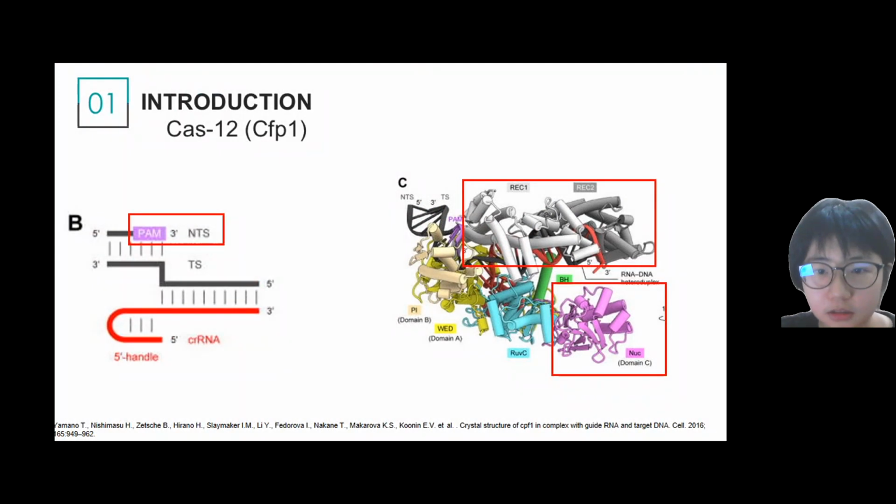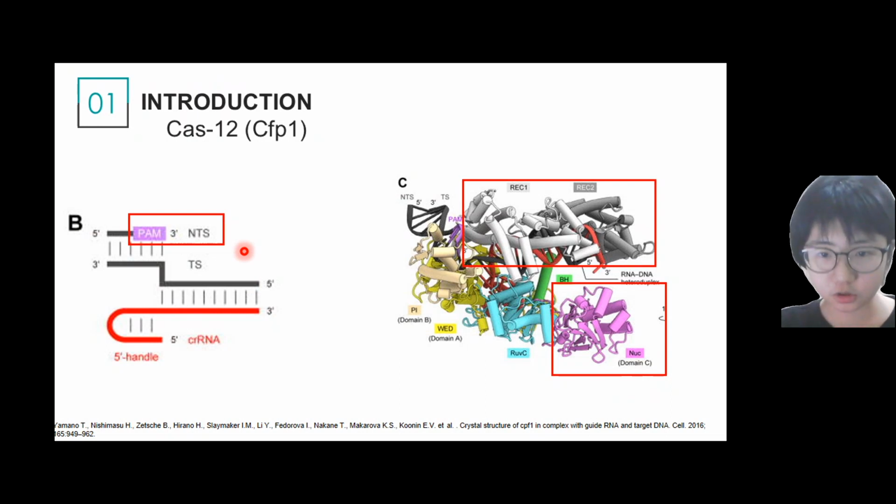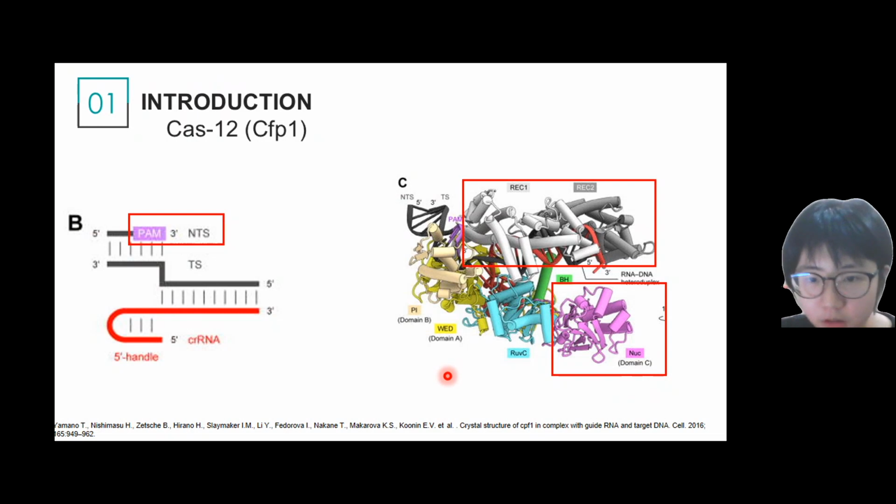Okay, next, let's introduce the Cas12 protein, also called Cpf1. The PAM sequence is a recognition sequence for the Cas12 protein to target DNA. The Cas12 protein adopts a bilobed architecture with a recognition lobe, the REC, and the nuclease lobe, the NUC.